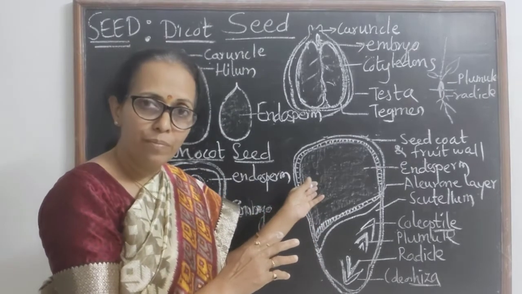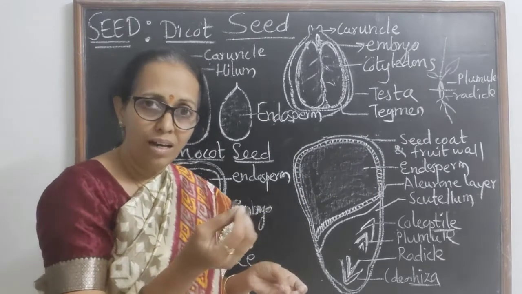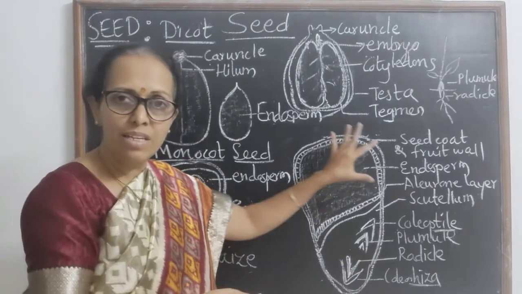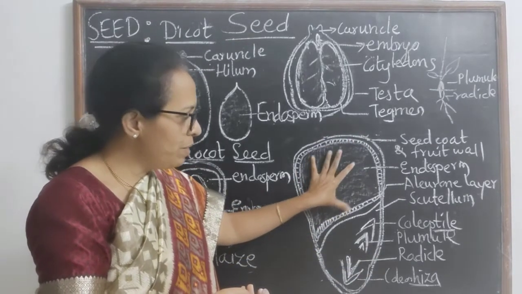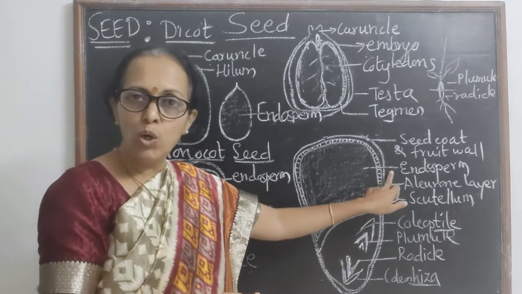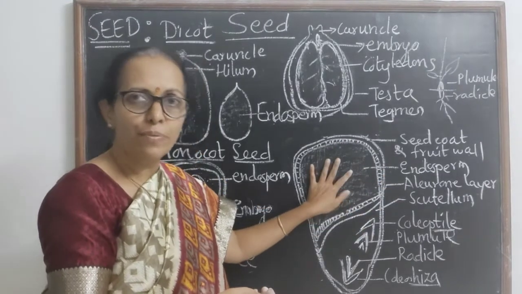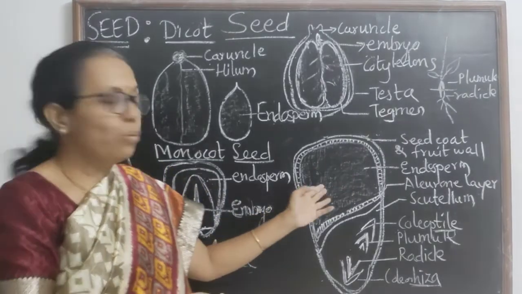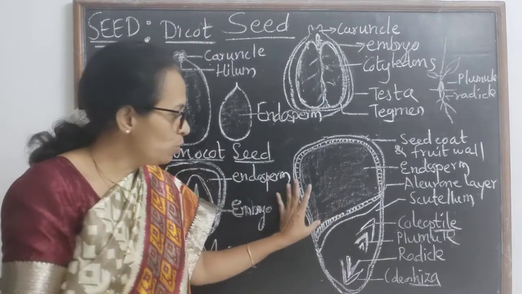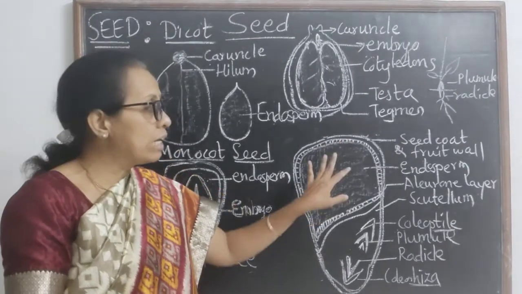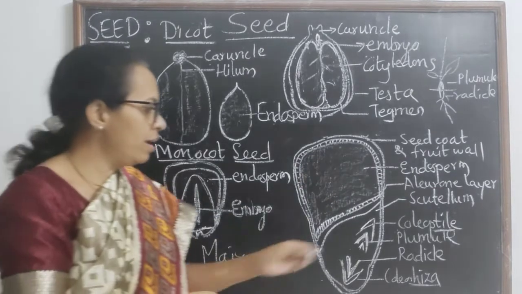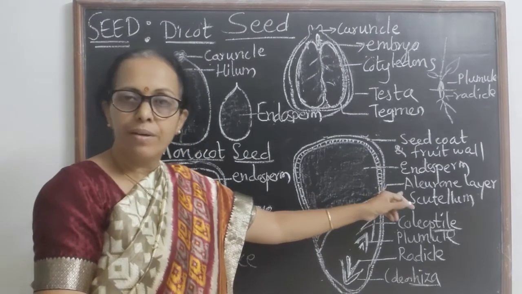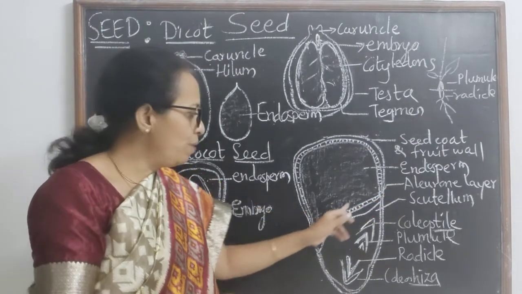Only after grinding do you obtain the hull, which is a part of this. Otherwise it is fused. Inside you are observing the nutritive tissue, the endosperm, which is starchy in nature. By staining it with iodine, you get a blue-violet stain on this portion, which indicates that it is starchy in nature. Some protein layer is there, a special layer you are observing, the aleurone layer. That is the characteristic feature here.